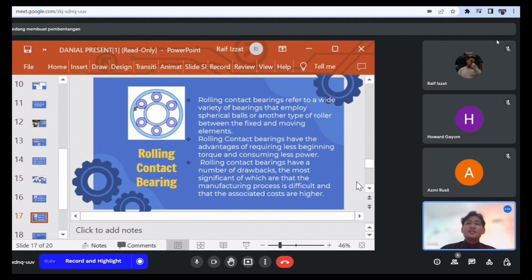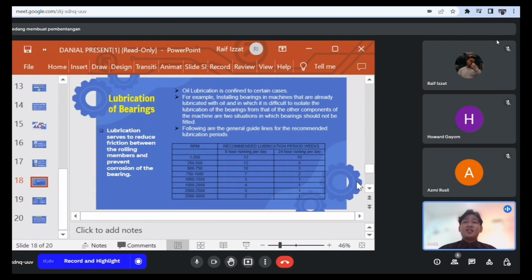Next, I will talk about lubrication of bearings. Lubrication serves to reduce friction between the rolling members and prevent corrosion of the bearing. Oil lubrication is confined to certain cases, for example installing a bearing in a machine that is already lubricated with oil and where it is difficult to isolate the lubrication of the bearing from the other components of the machine.